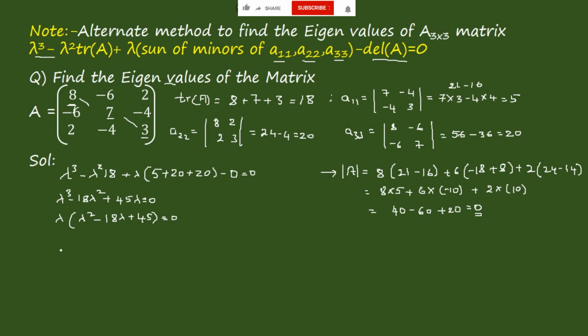This can be written as lambda into lambda minus 15 and lambda minus 3 is equal to 0. So lambda is equal to 0, 15 and 3. These are the eigenvalues found by using an alternative or shortcut method.